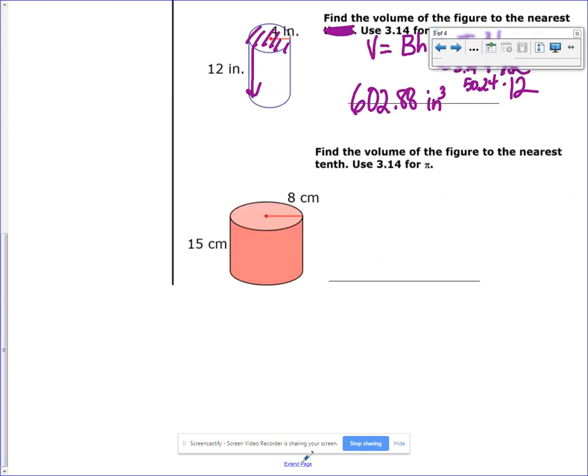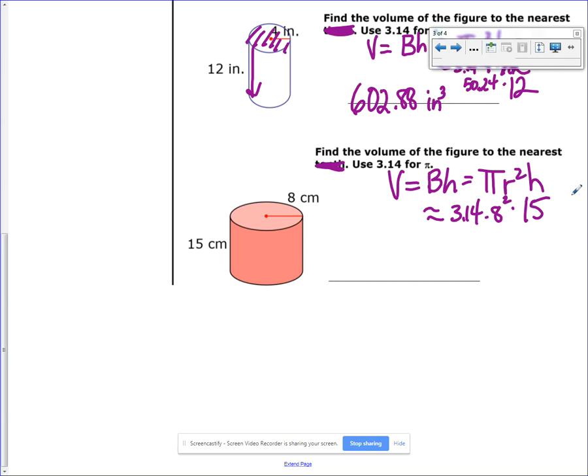Let's look at another one. You work ahead, pause the video, and see if you come up with the correct number value. 3.14. My radius is 8. My height is 15.